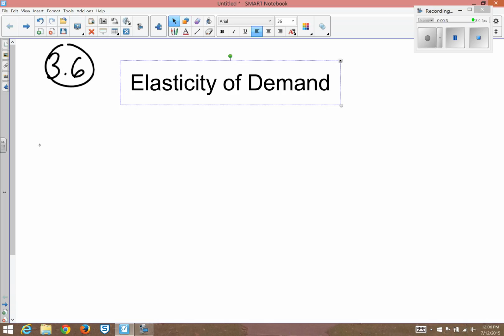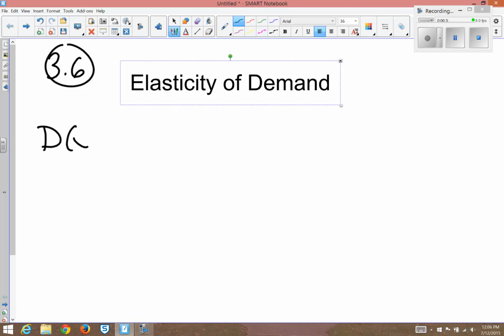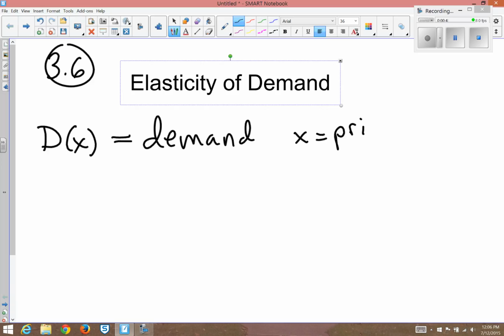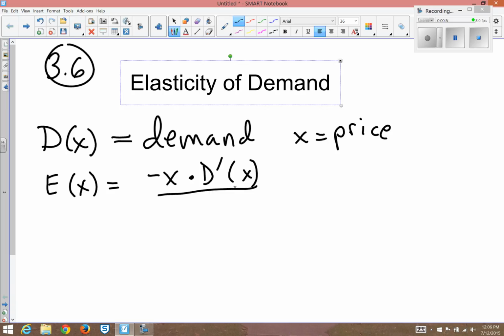Given a demand function, D(x), which will be a function of x, where x is the price, the elasticity of demand is negative x times D prime of x all over D of x.